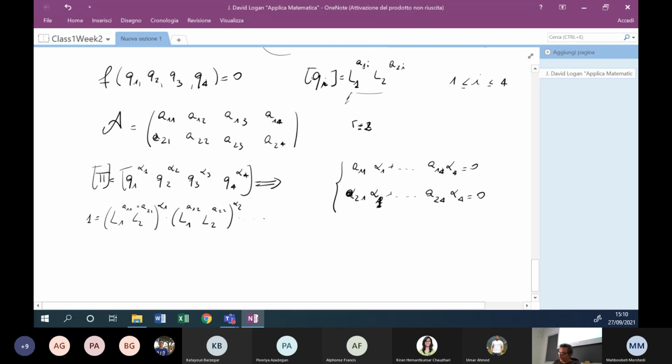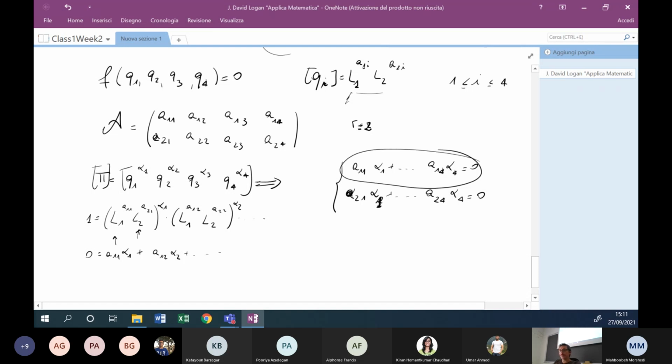Then I take all the powers of L1, so it's A11 times alpha 1 plus A12 times alpha 2 plus the other ones for 3 and 4, and this is going to be equal to 0. That's the first equation.